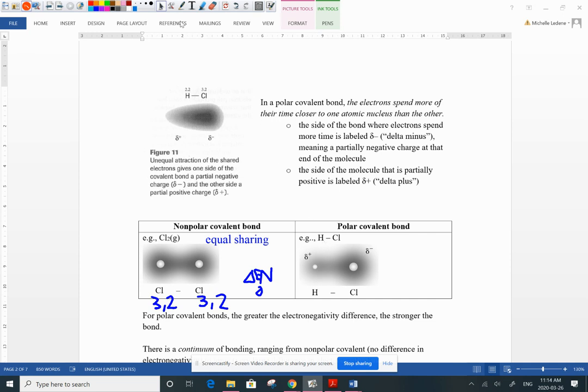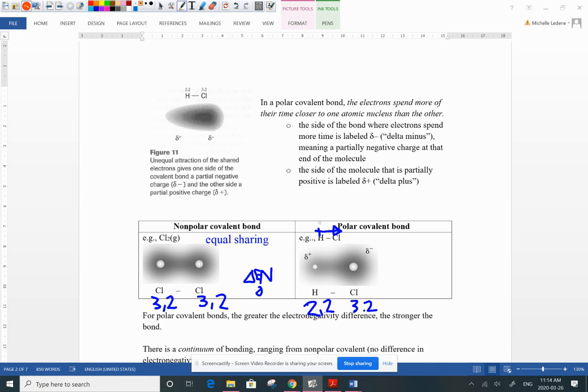We just said that the electrons are going to be more around the chlorine end of this molecule because of the electronegativity difference, right? 2.2 versus 3.2. So we can show, using a little arrow like this, that the chlorine is the more electronegative end.